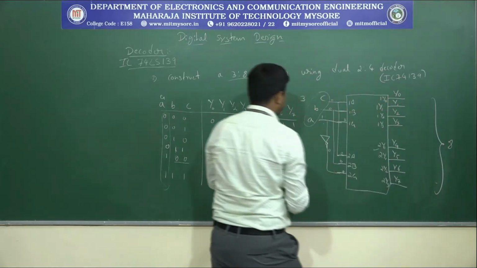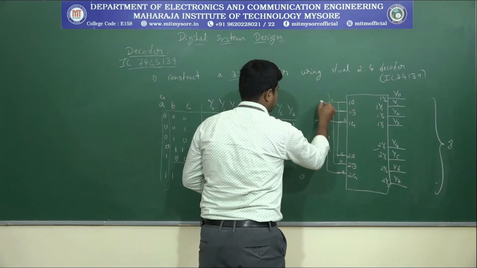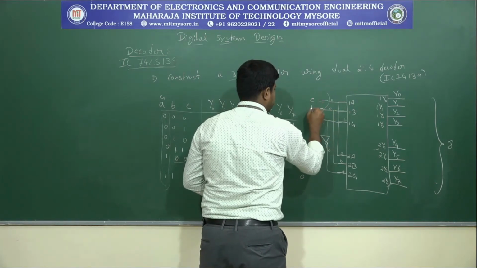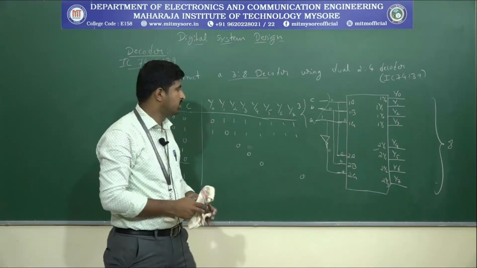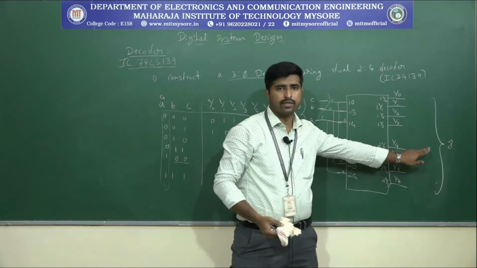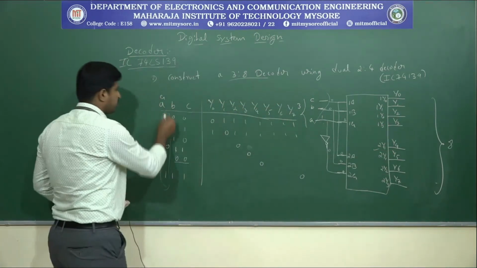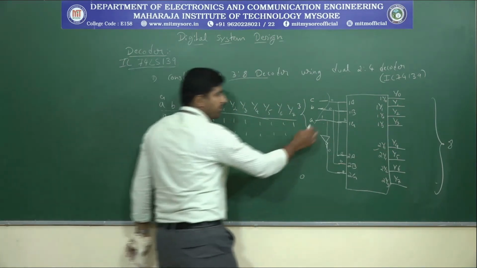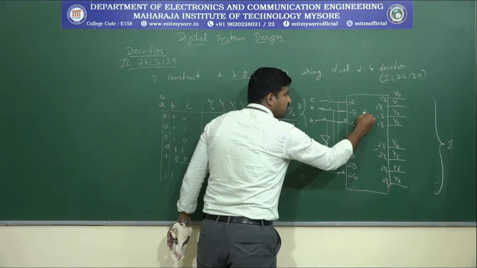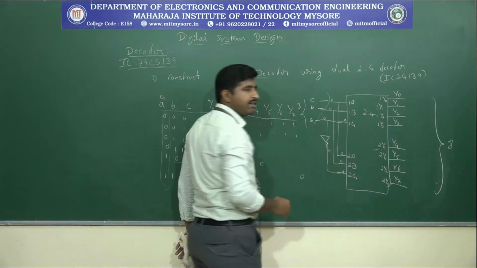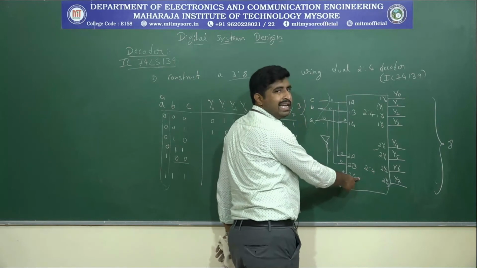So these are the 8 outputs and these are the 3 inputs. So a 3:8 decoder, Y0, Y1, Y2, Y3, as I explained. When you give A equals 0, this 2:4 decoder will be activated, and this decoder will be deactivated.